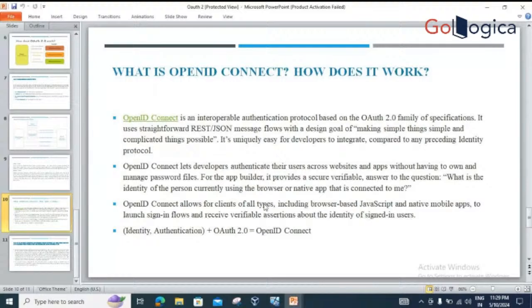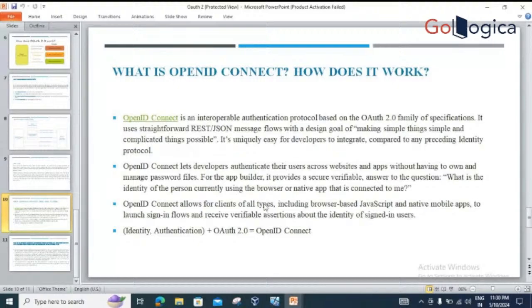Okay. So OpenID Connect allows clients for all types of applications, which include your JavaScript, your native-based applications, your mobile applications, and your single page applications. So for every type of mobile application, or any type of web-based or browser-based application, you are supposed to use OpenID Connect.